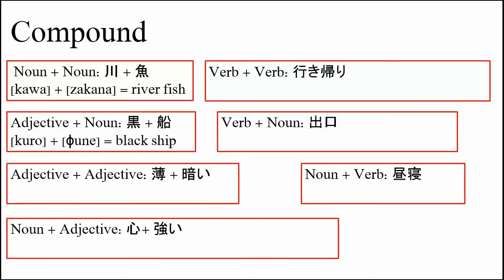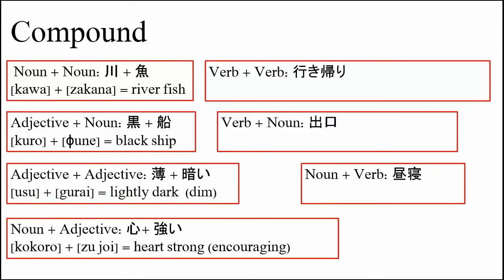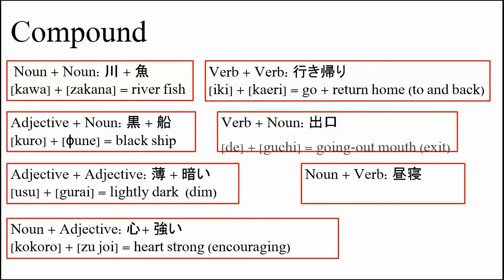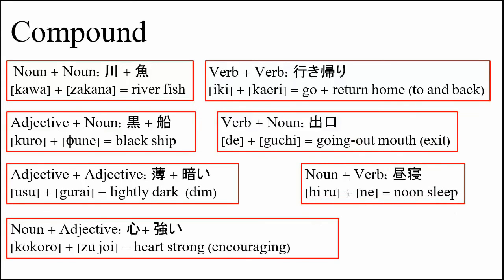Another example of a compound word would be noun plus adjective, kokoro plus tsuyoi. This is heart plus strong, and kokorozuyoi is the Japanese word for encouraging. Other compound words are usukurai, which is dim, iki kaeri, which is to and back, deguchi, which is exit, and hirune, which is noon sleep or afternoon nap.